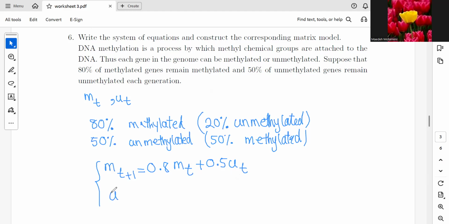And U sub t plus 1 will be 0.2 of M t plus 0.5 of U t.